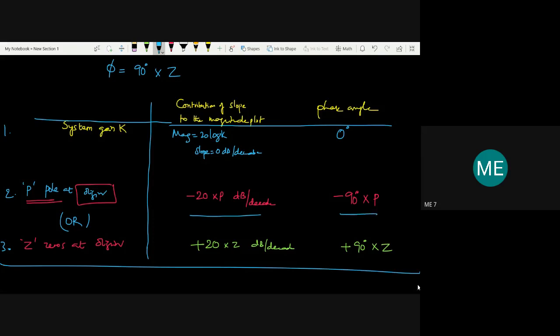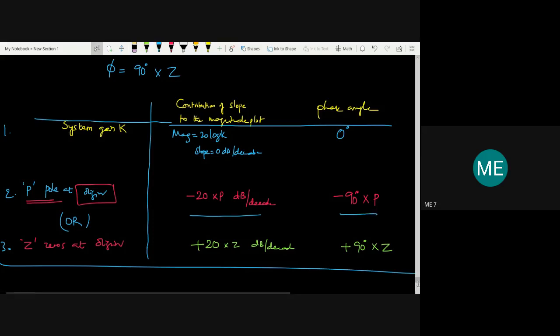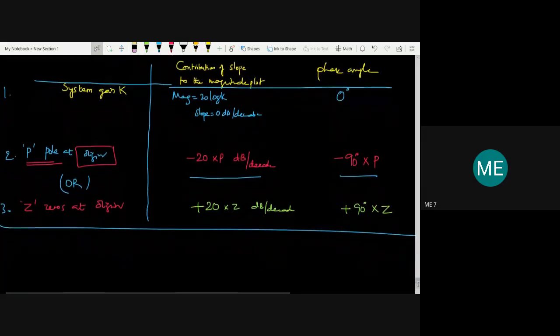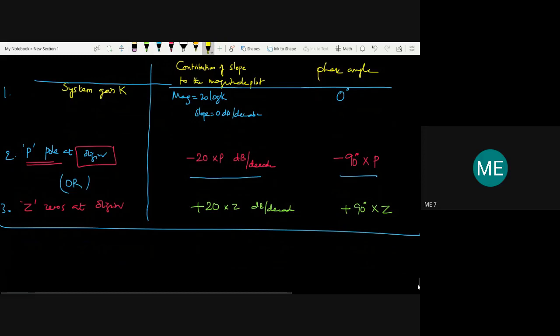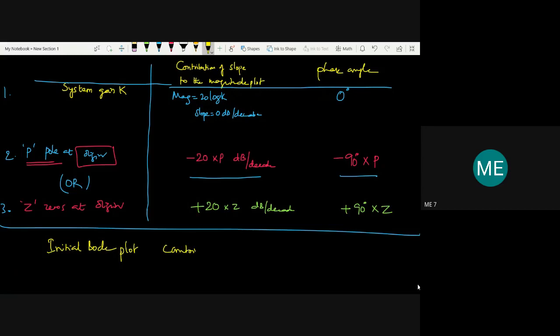What conclusion have we drawn from the above? The initial Bode plot depends on combining two factors.